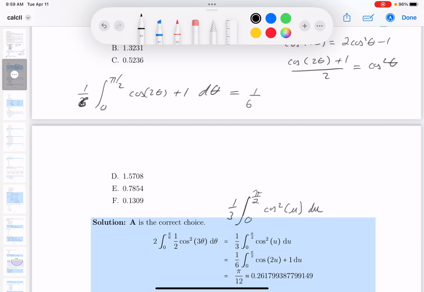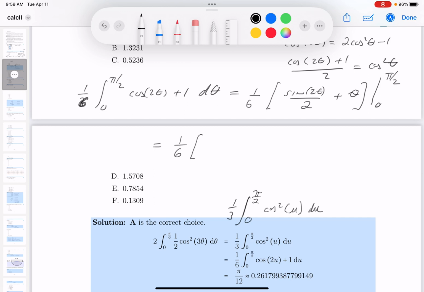So 1/6. The integral of cosine of 2 theta is sine of 2 theta over 2, plus theta, and the limits of integration here are 0 to pi over 2. All right? Let me keep plowing through this. And what do you get?